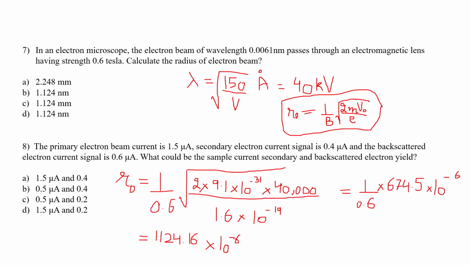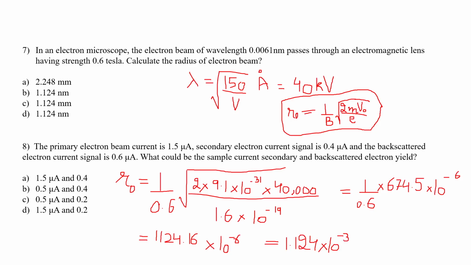If you want to move this decimal point towards the left-hand side, that means you are dividing it, and you also need to multiply, then you will get 1.124 into 10 raised to power minus 3.